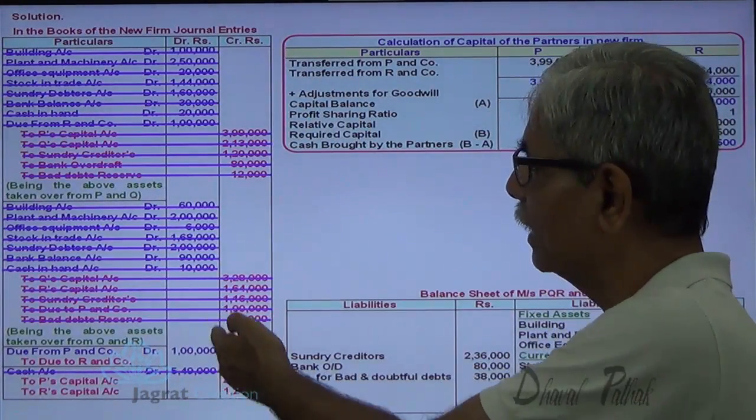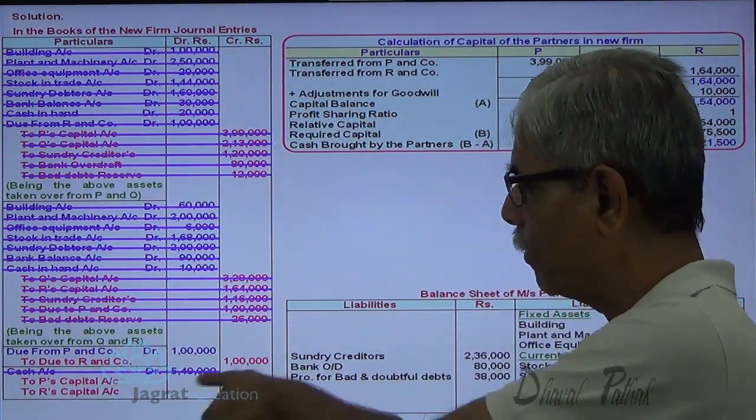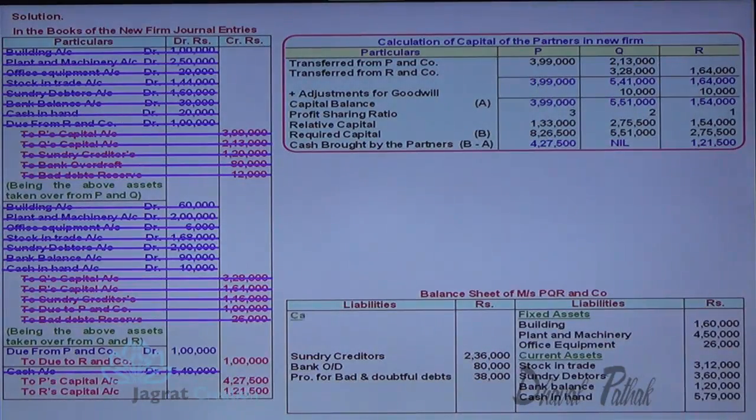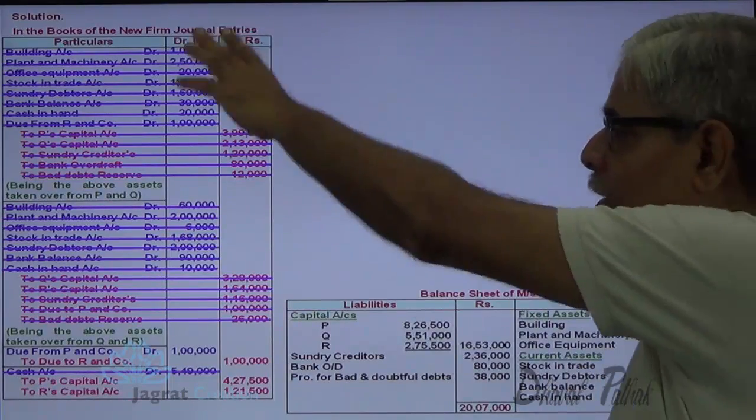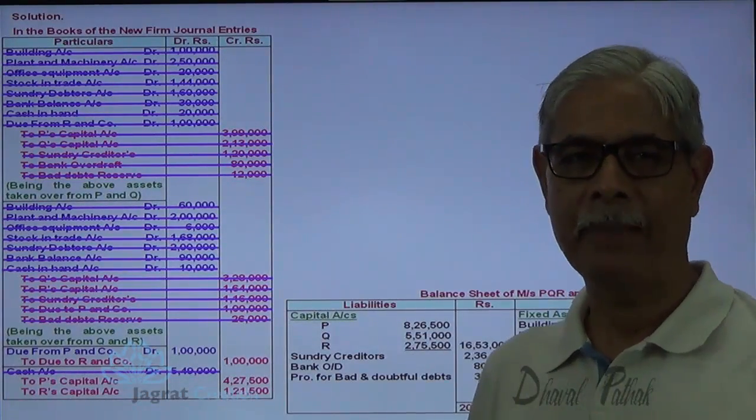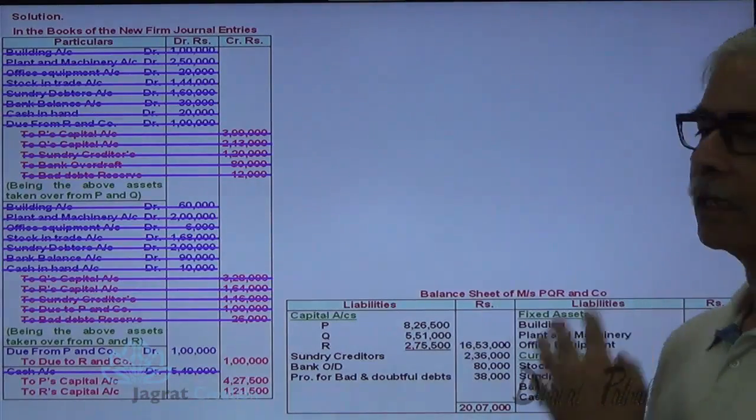This is a mutual cancellation that is also being done. Now capital balances are already there. So capital maintained by P, Q's capital and R's capital, have a total of balance sheet. So this is how the balance sheet is prepared. This cancellation was made by me to explain the concept of balance sheet.